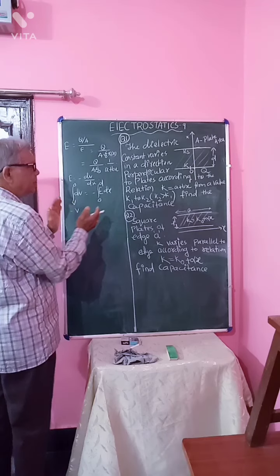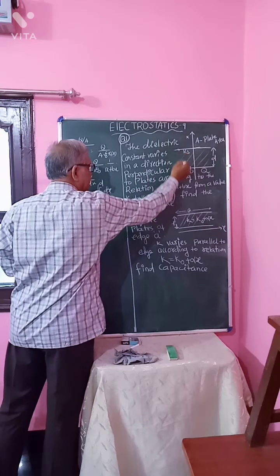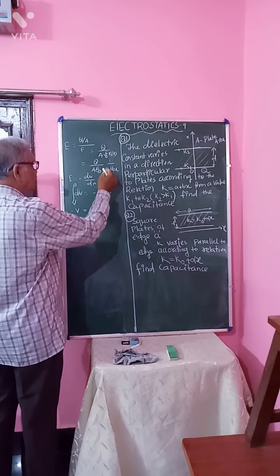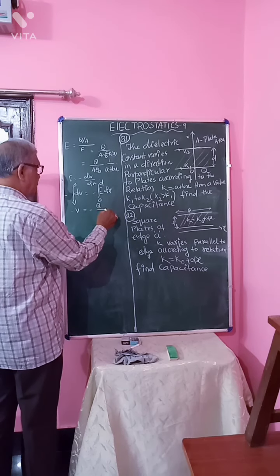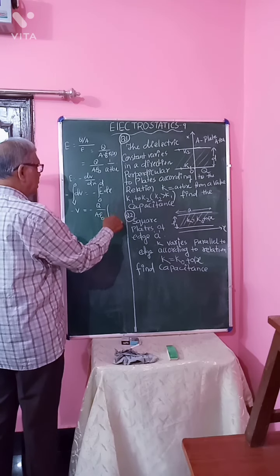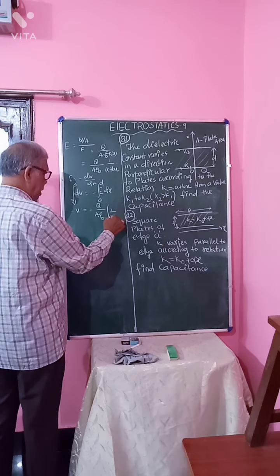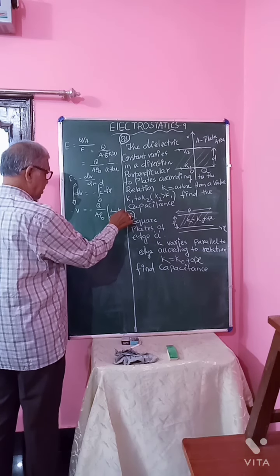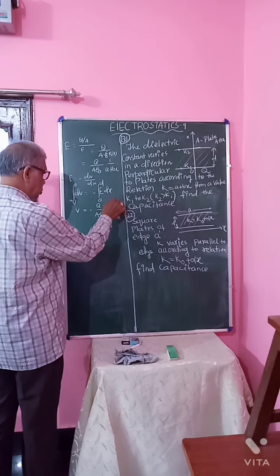That is, the potential difference between these two plates is minus V, equal to E, equal to Q by A epsilon 0 integral 1 upon A plus Bx dx, x varying from 0 to d.